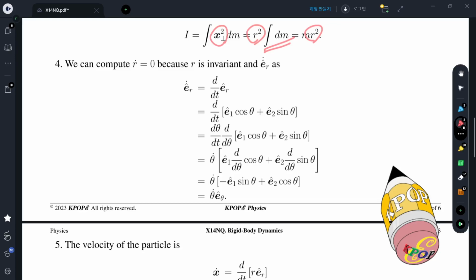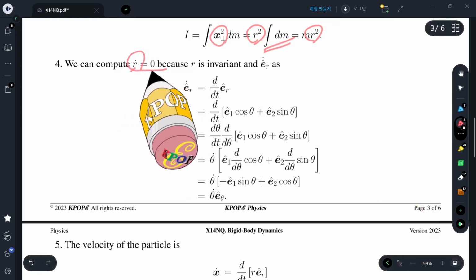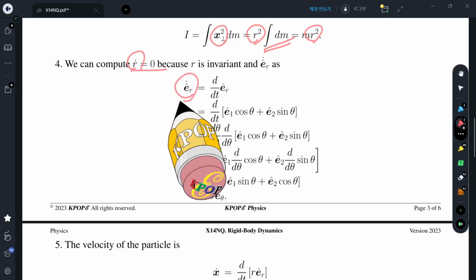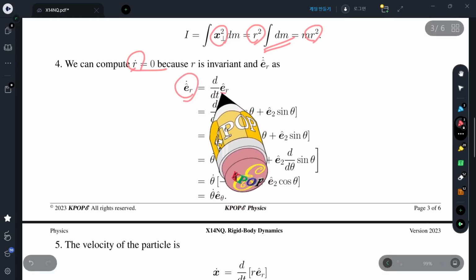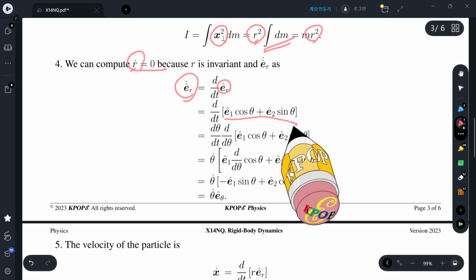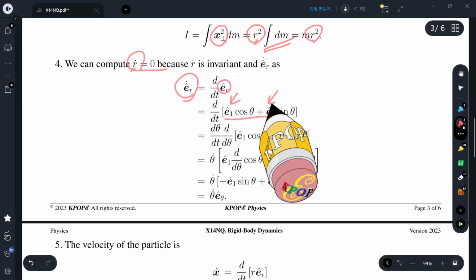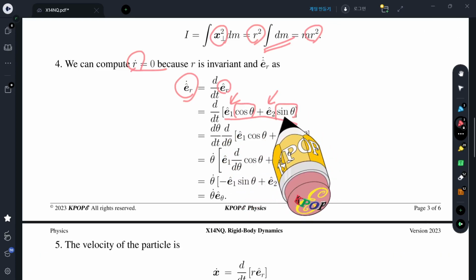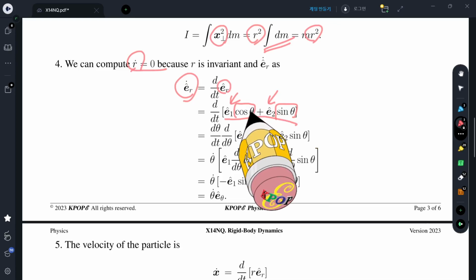Next we consider r dot. r dot is trivial, it is 0, because r is a constant. The time derivative of the unit radial vector can be computed in such a manner. e_r is expanded as a linear combination of two Cartesian basis vectors that are independent of time. So only the time dependence appears in cosine and sine. We can make use of the chain rule because theta is a function of time.